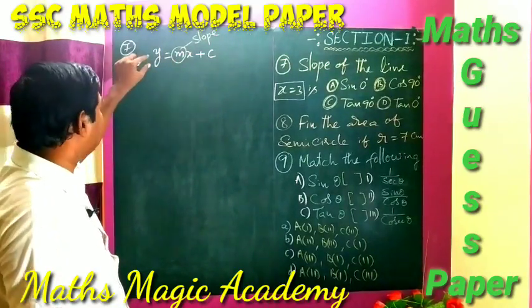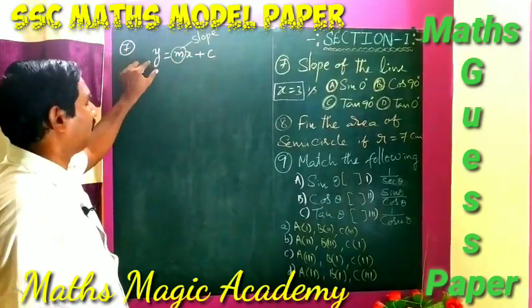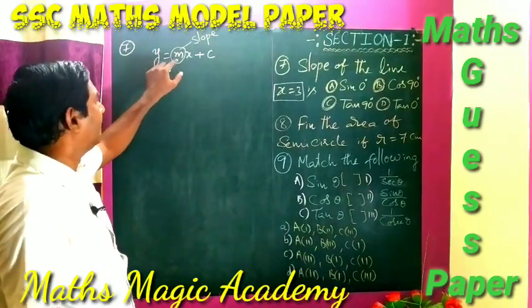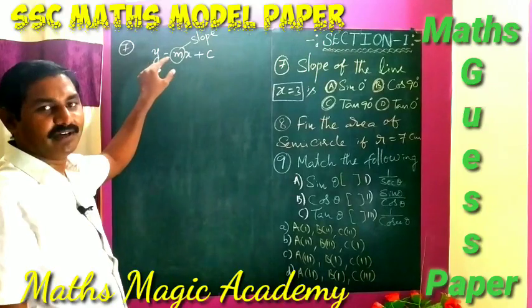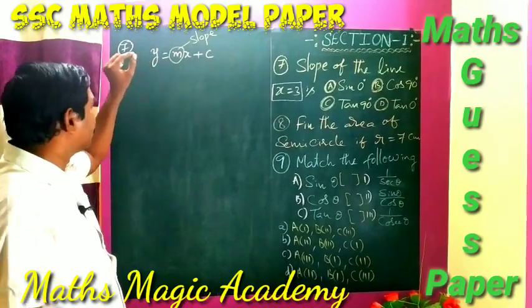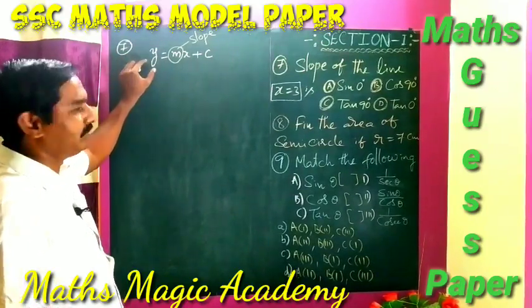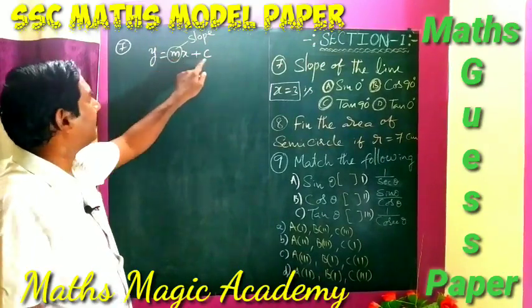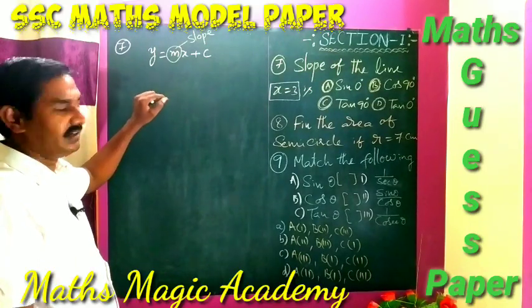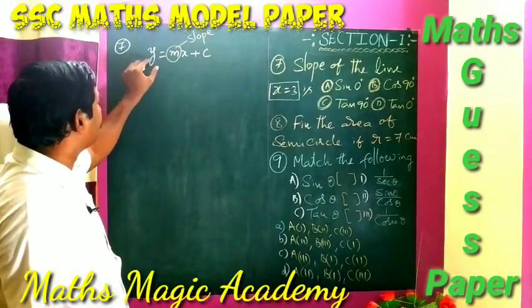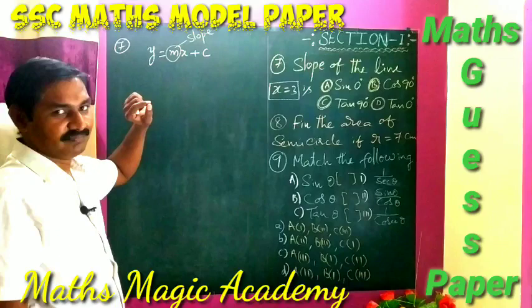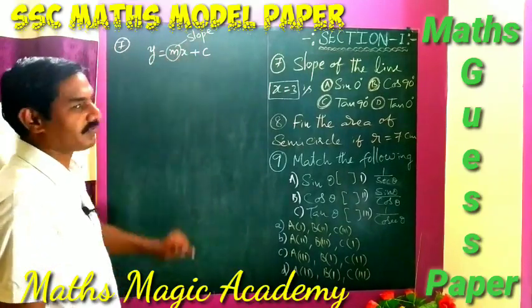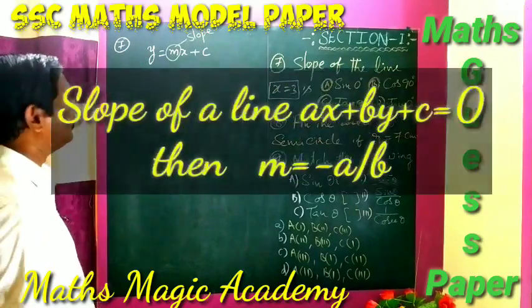Don't think like 3y equals to mx plus c, then m will be the slope like that. Here on the left hand side only y will be there, the coefficient of y must be 1 and the remaining things will be on the right hand side. If it is in the form of y equals to mx plus c, then we can say that the m is nothing but the slope of that particular line.